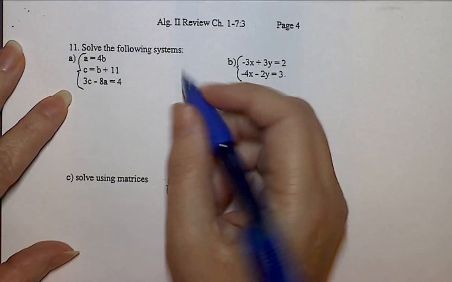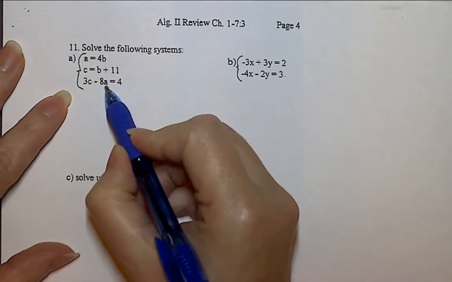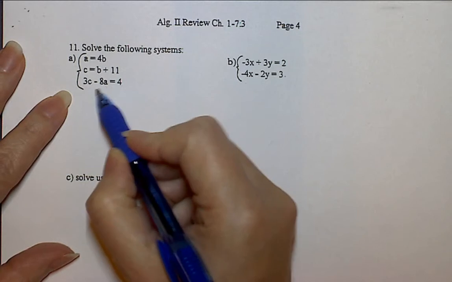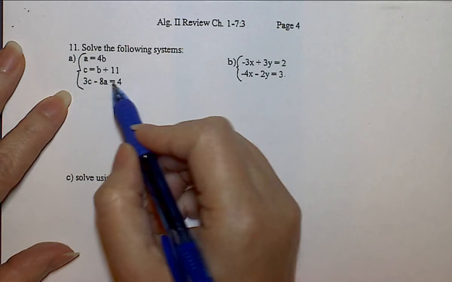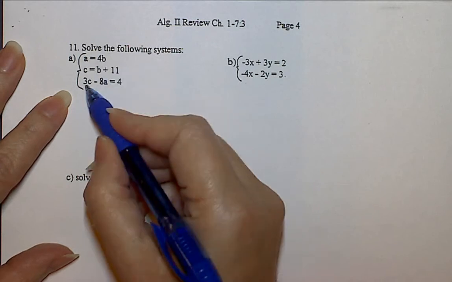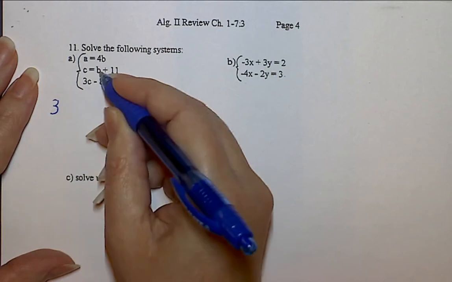Alright, so here we go. See how I have C and A in here? So what I'm going to do is plug in C and A, and so this equation will all be in terms of B. So we have 3, and now instead of C, I'm going to put in B plus 11.